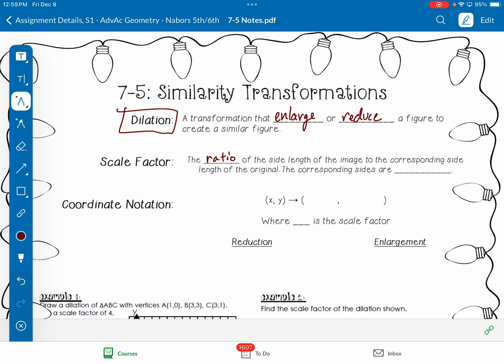Now there's a key vocabulary word kind of hidden, and that is image. We'll talk about this more when we get to chapter 9 about transformations. But a shape after we transform it is called an image. So it's the shape after the transformation.